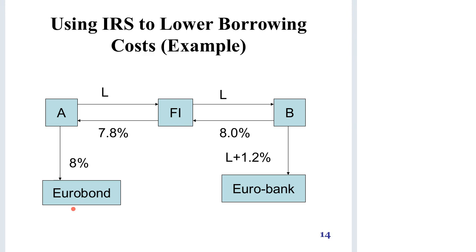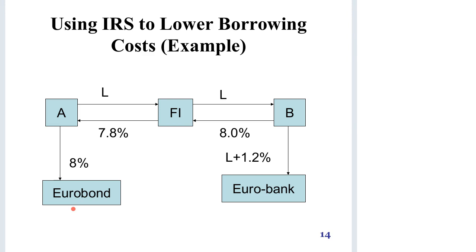What about the other side? Now the LIBOR that A pays the financial institution, I make B borrow in the market. When B borrows in the market, how much does it pay? LIBOR plus 1.2%. The LIBOR that the financial institution gets from A is passed on to B. So B has an income of LIBOR and an outflow of LIBOR plus 1.2%.